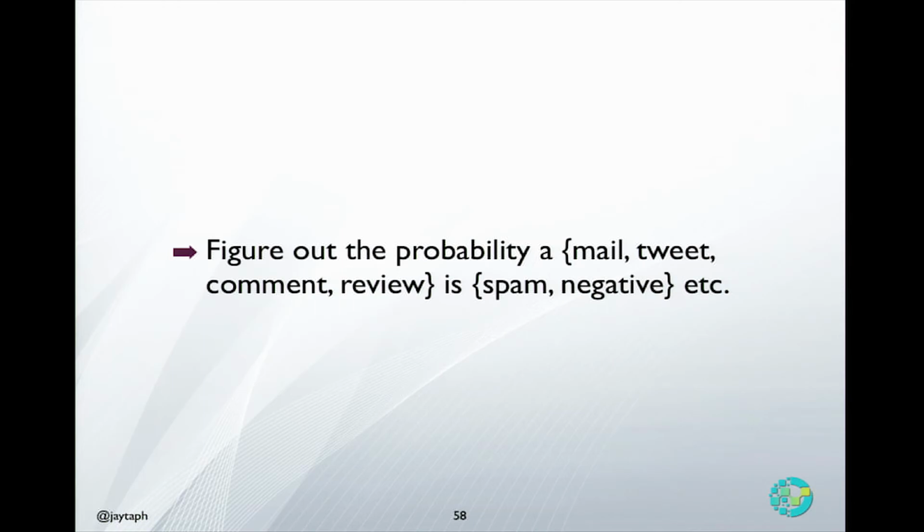Okay, so how does this work? Basically, it's trying to figure out the probability that a mail, a tweet, a comment, a review is spam or negative. How many of you host things like user reviews or guest books or use user input and put that on a website?